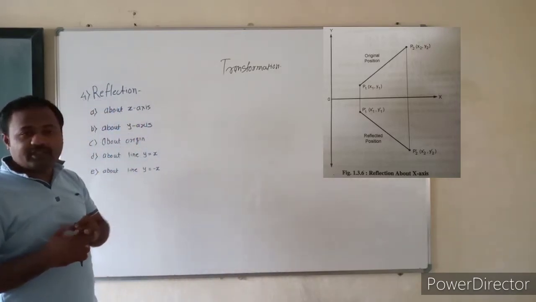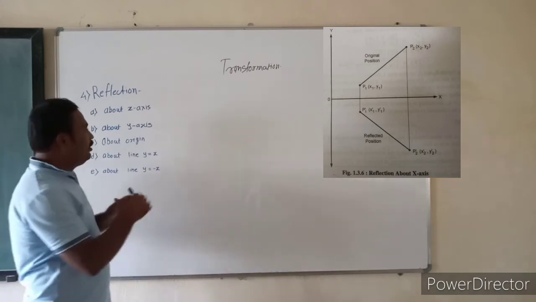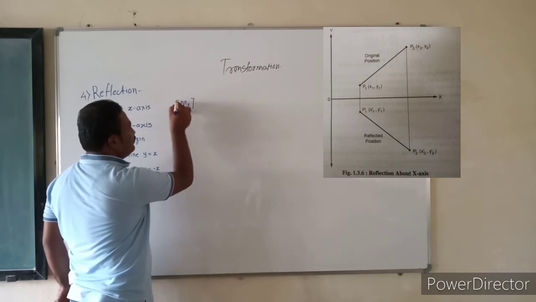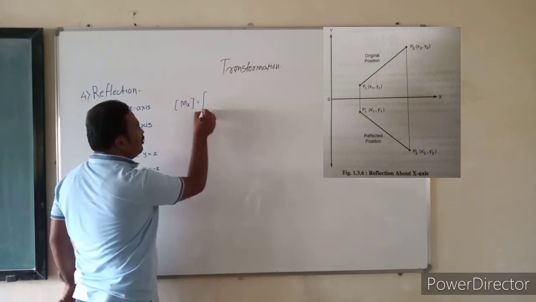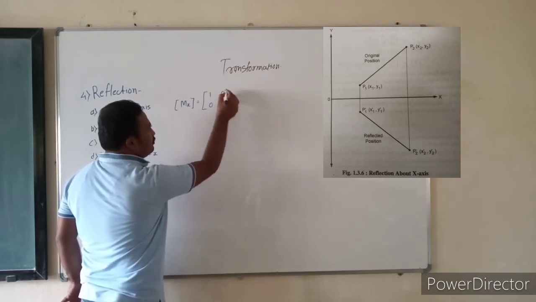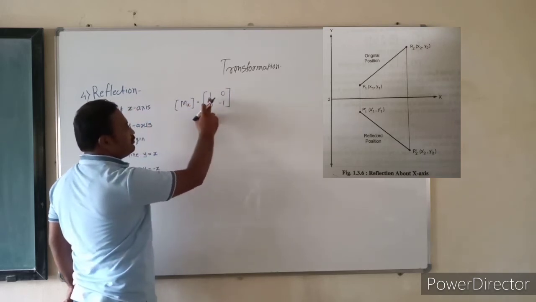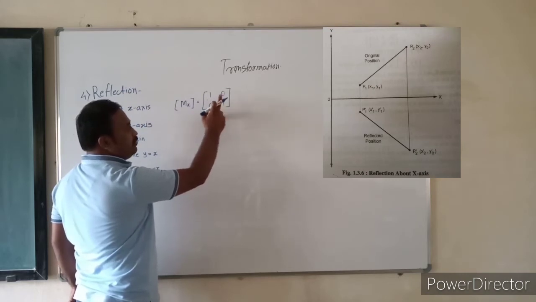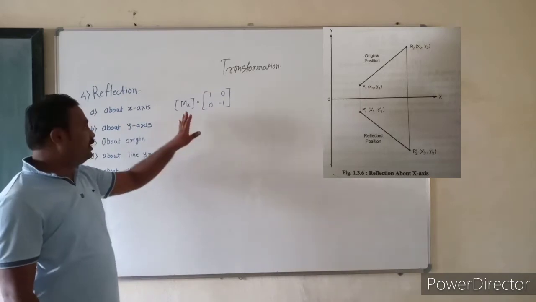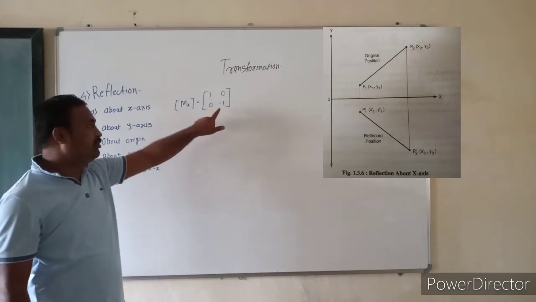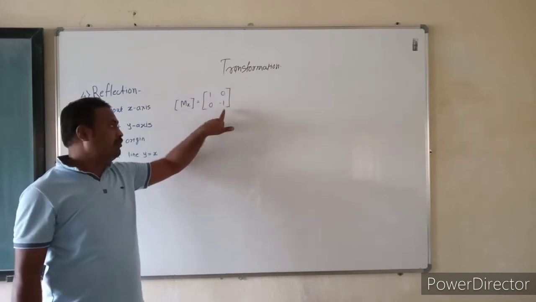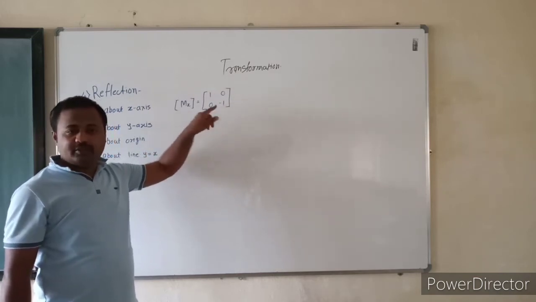For finding the new coordinates, the reflection matrix Mx is 1 0 0 minus 1. In reflection about the x-axis, only the y coordinate is negative; the x coordinate stays the same.